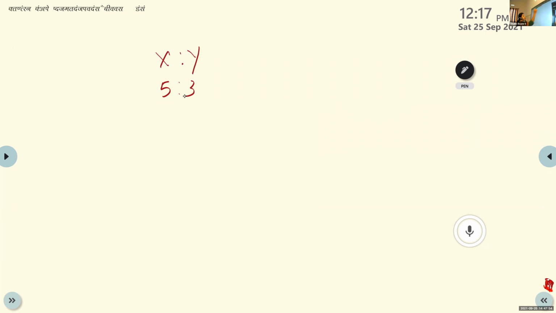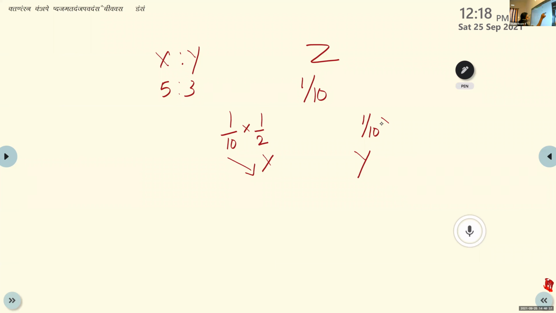Now there is a new partner Z. Z is admitted for 1/10 share, which he acquired equally from X and Y. So this 1/10, he got it equally from X and Y. So 1/10 into 1/2 belongs to X, and 1/10 into 1/2 belongs to Y. So this 1/10 share of Z comprises half from X, half from Y.